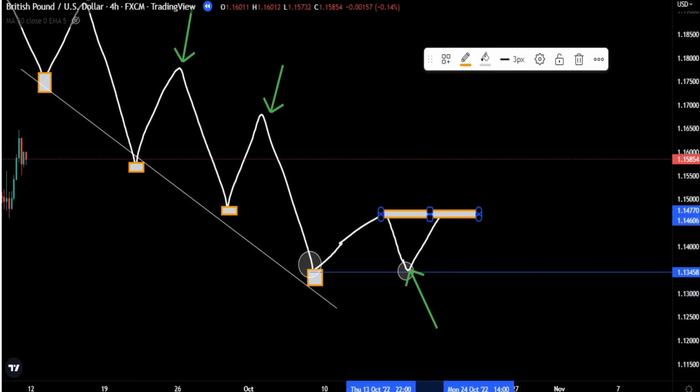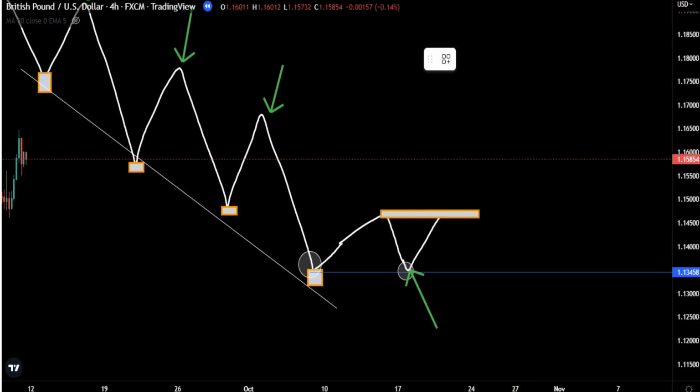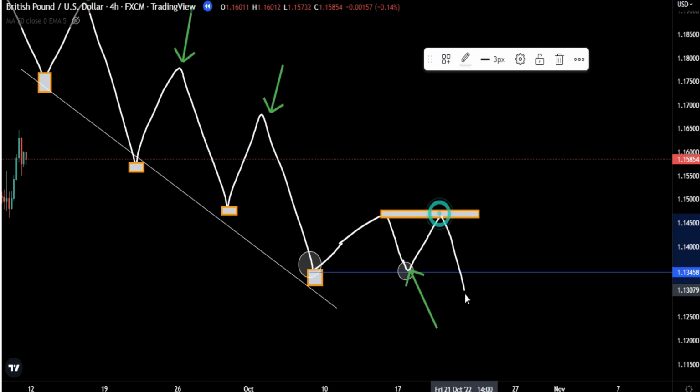This becomes a resistance level. From here the price can actually push way to the downside, maybe retest here and boom. So if you just start buying here because you are seeing a double bottom or W pattern, you might actually lose out. So this is not yet confirmed.